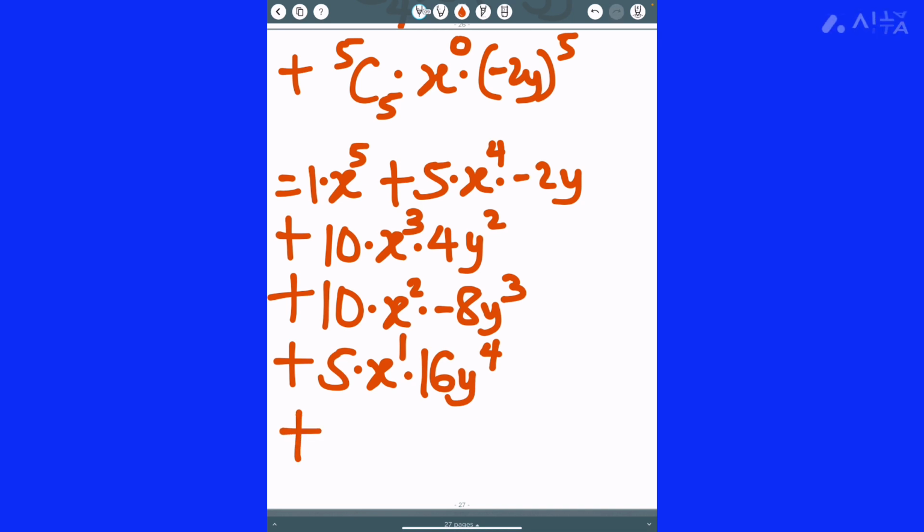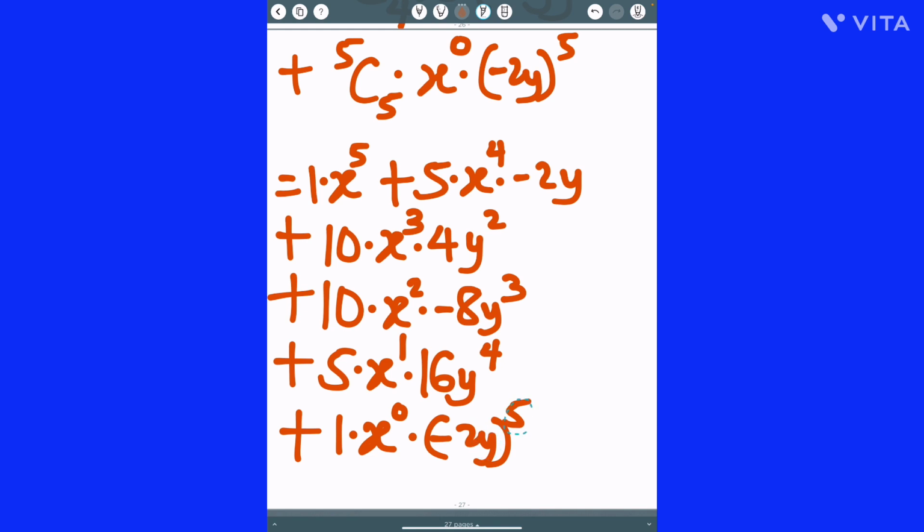Then the last term. For the last term we have coefficient 5 combination 5, which is 1. So this gives me 1 times x raised to power 0 times minus 2y raised to power 5. Here too, minus 2 raised to power 5 is minus 32.